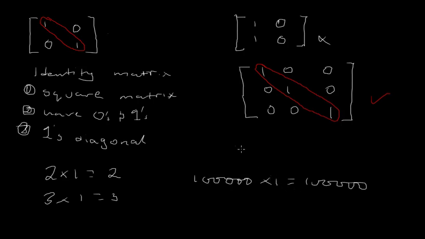So in matrices, an identity matrix is like a 1.